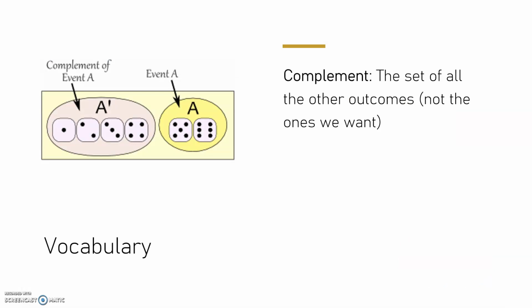Another definition for this section is the complement. That is the set of all the other outcomes, not the ones we're interested in. So if we say that event A is rolling a 5 or a 6, the complement of event A would be all of the other numbers, 1, 2, 3, and 4.